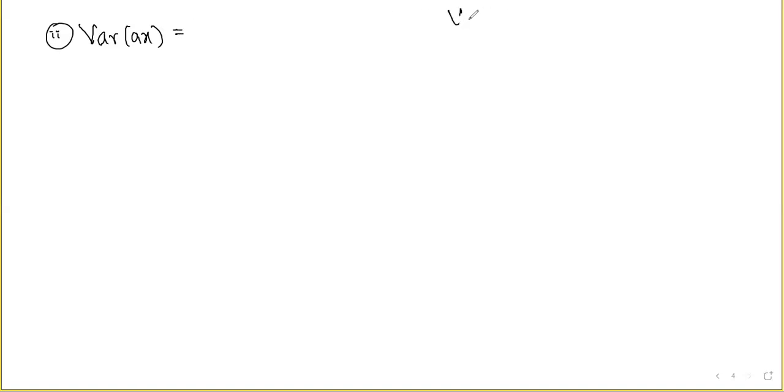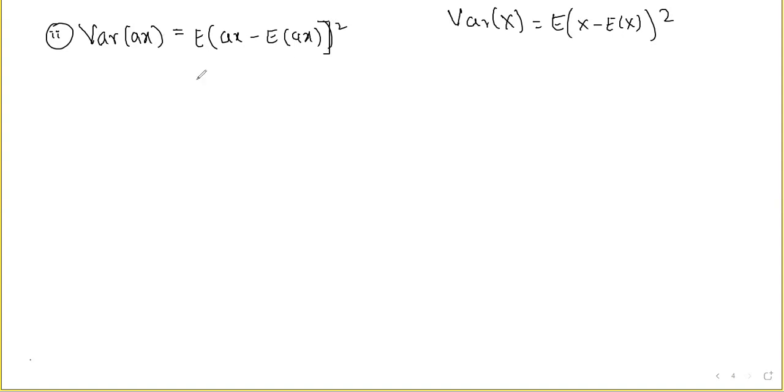The definition of variance is expected value of x minus expected value of x whole square. So instead of x, we have here ax. So it is equal to expected value of ax minus expected value of ax whole square, right?